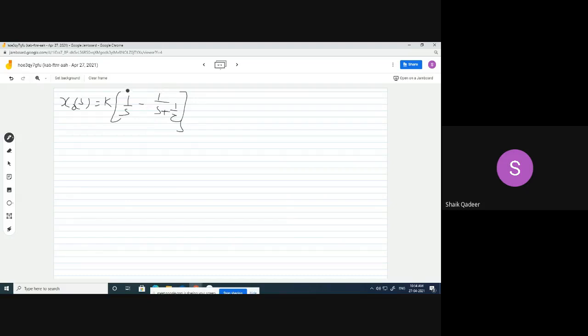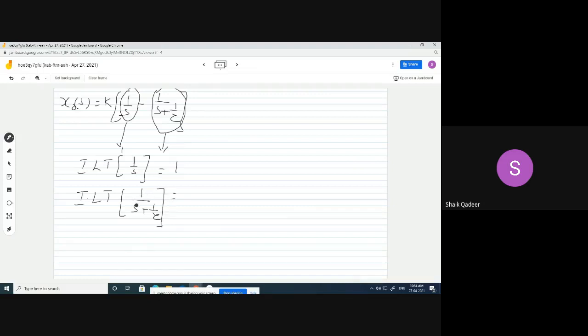Separately, we can find the inverse Laplace transform of each part and substitute. So, what is the inverse Laplace transform of 1 by s? Quickly tell me. 1. Great.